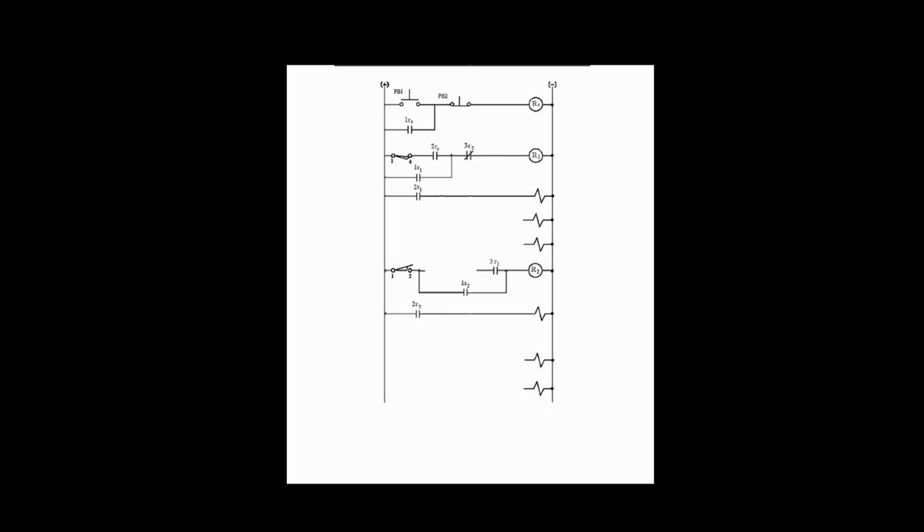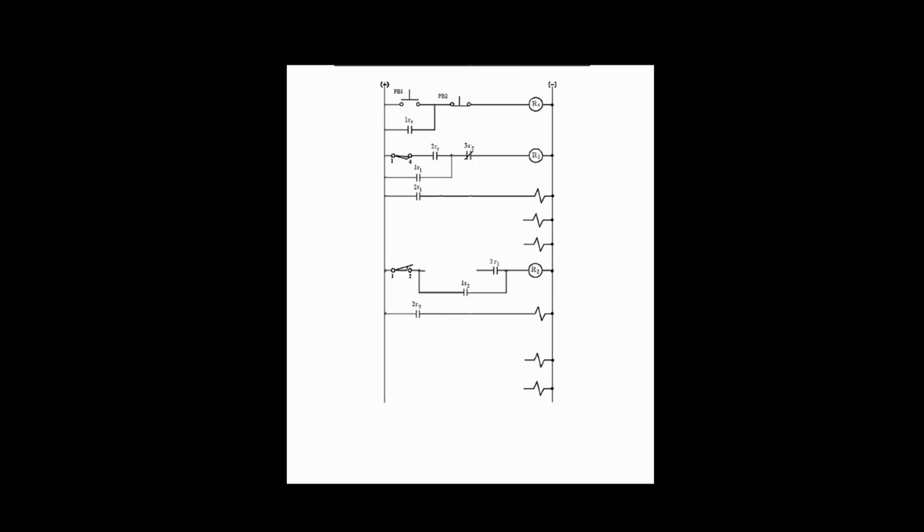R2 will again be turned on subsequently after R1. When the cycle continues, R1 and R2 will take turns to turn on and off, but only one relay can turn on at any one time.